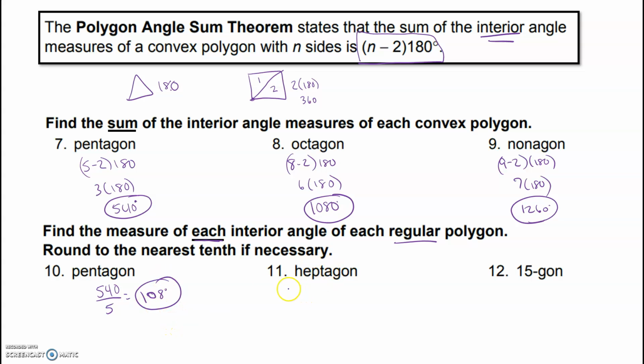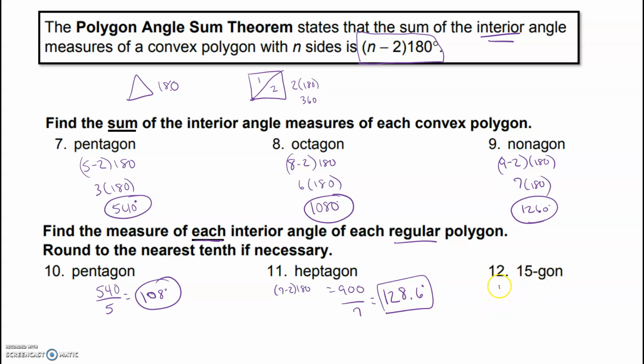Heptagon we didn't do, so that's 7. So we're going to do 7 minus 2 times 180. So 5 times 180 equals 900, and we're going to split it between the 7 sides. And we get each one is about 128, nearest tenth, so 0.6, because it was 5/7. So each angle of a heptagon.